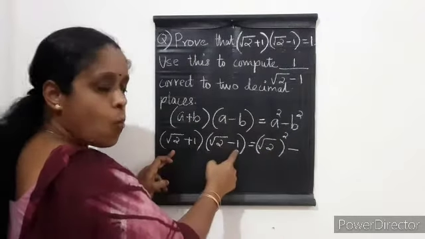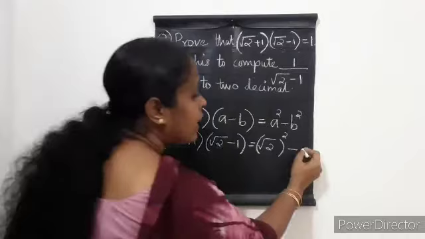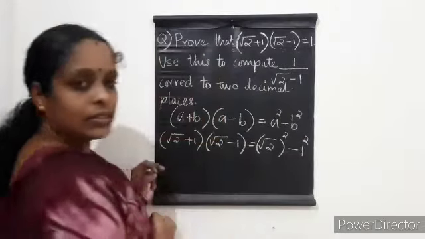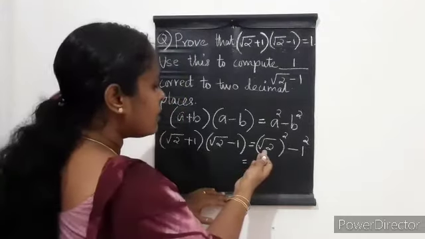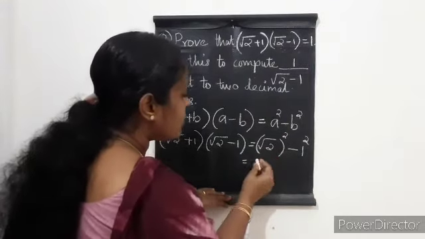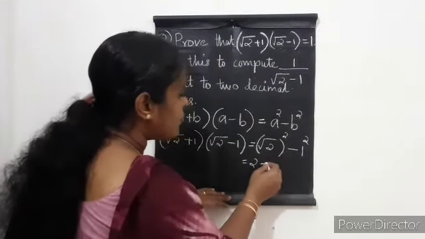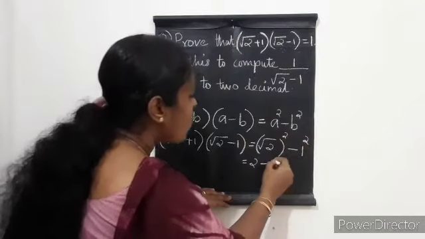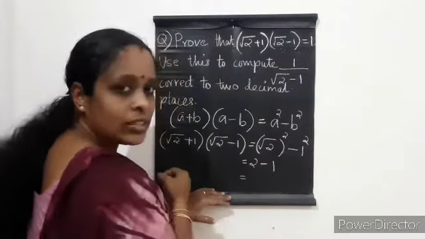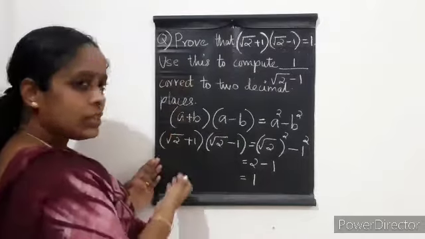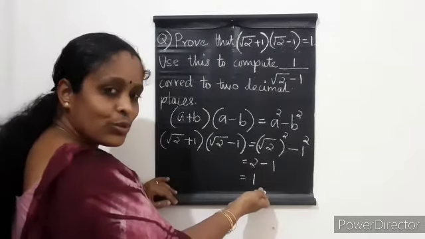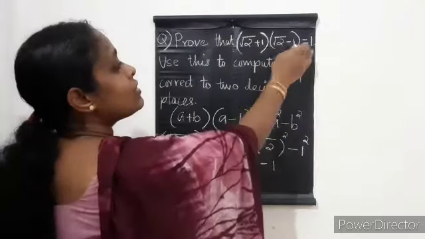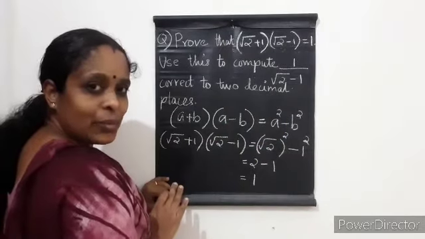Here it is 1 instead of b, so we write 1 square. Then we simplify this. Root 2 square is 2, minus 1 square is 1. What is 2 minus 1? It is 1. So we get the answer, root 2 plus 1 into root 2 minus 1 is equal to 1. That is, we prove it.